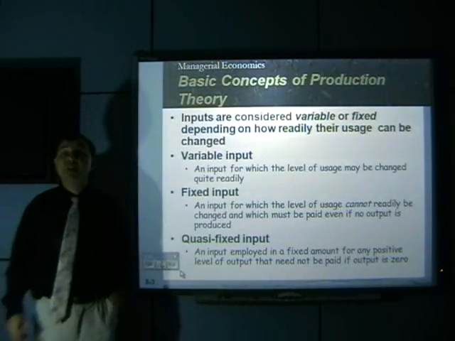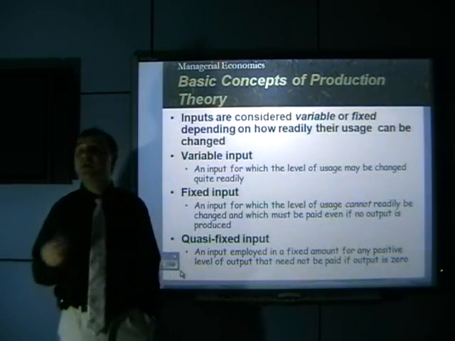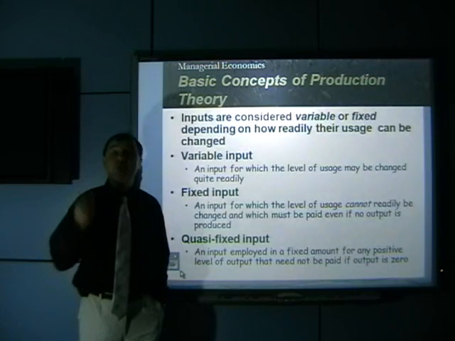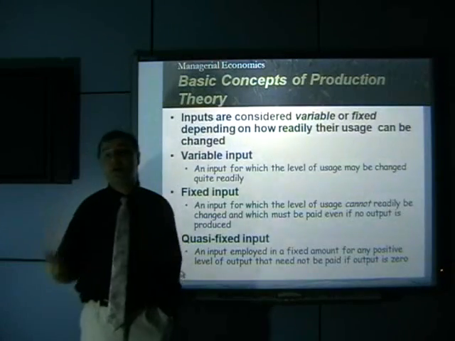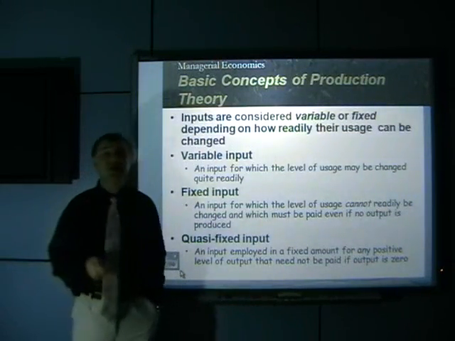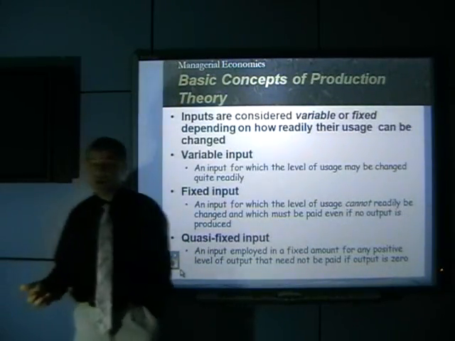inputs in any production process are either fixed or variable. A fixed input is an input which does not change with the quantity. In other words, whether you produce 2 units or 20 units or 200 units, the cost remains unchanged.